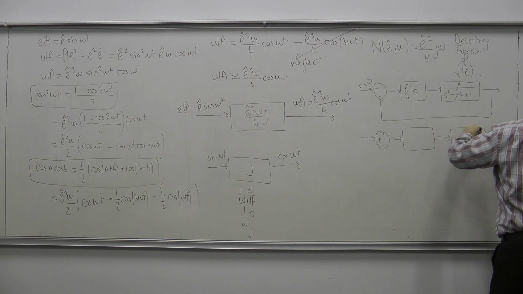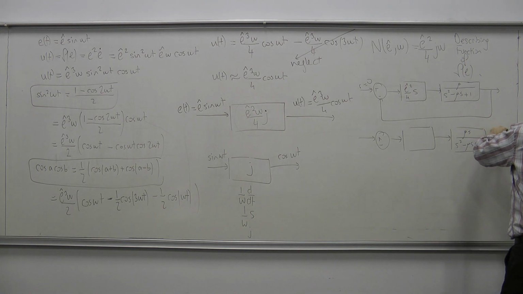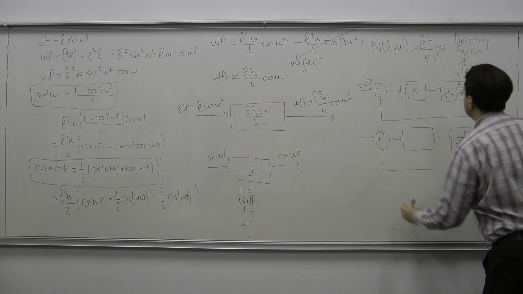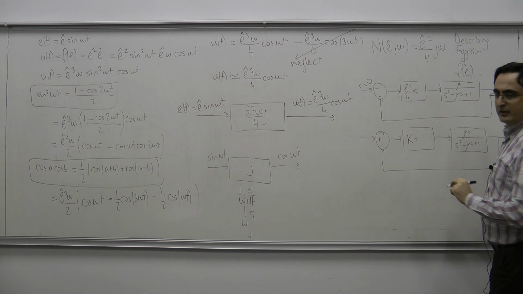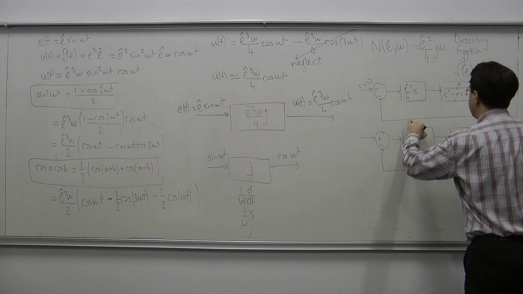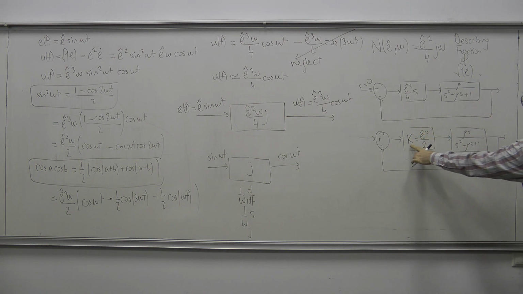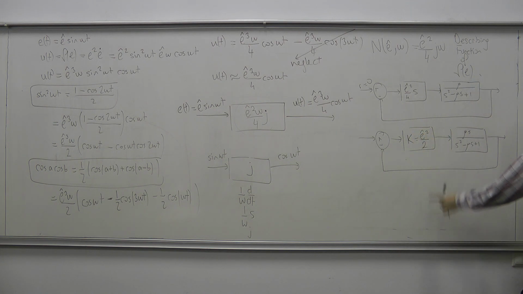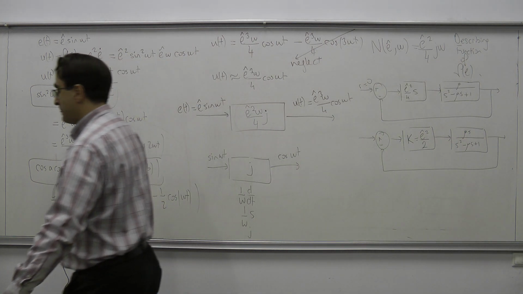So I have here mu s divided by s square minus mu s plus 1, closed loop with unity feedback, and here I have just kind of gain here, an amplitude dependent gain, e hat square over 2. I will call this gain as capital K, and I would have this linear system here.